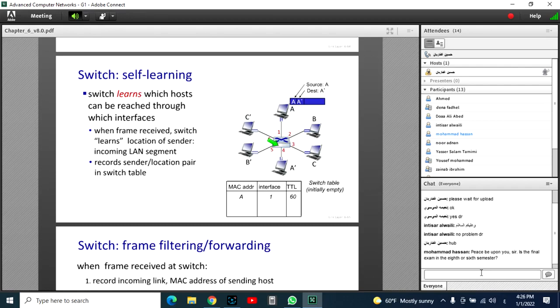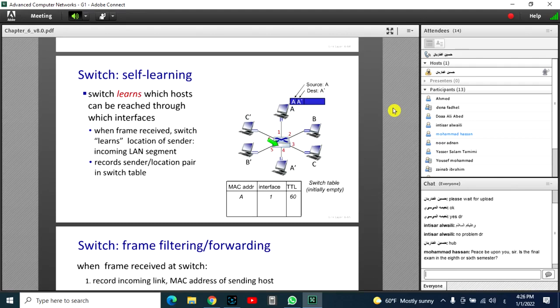So after a while, different hosts send packets over this network. After a while, the switch can learn about all of those devices inside the network, especially because we talked about the DHCP protocol.